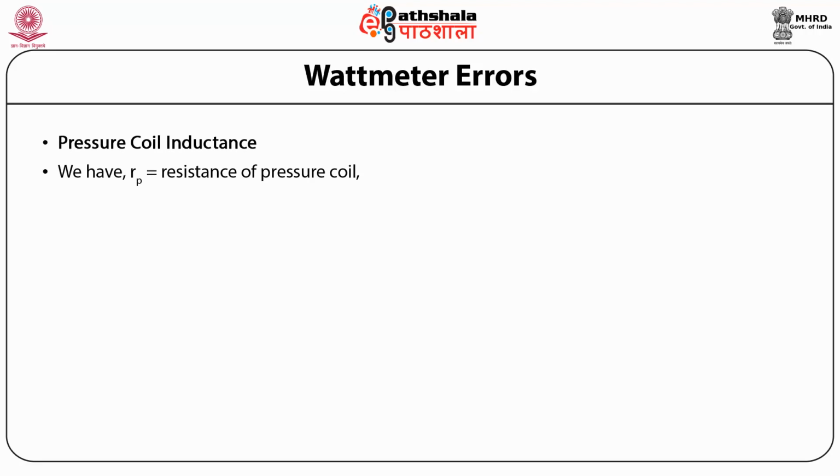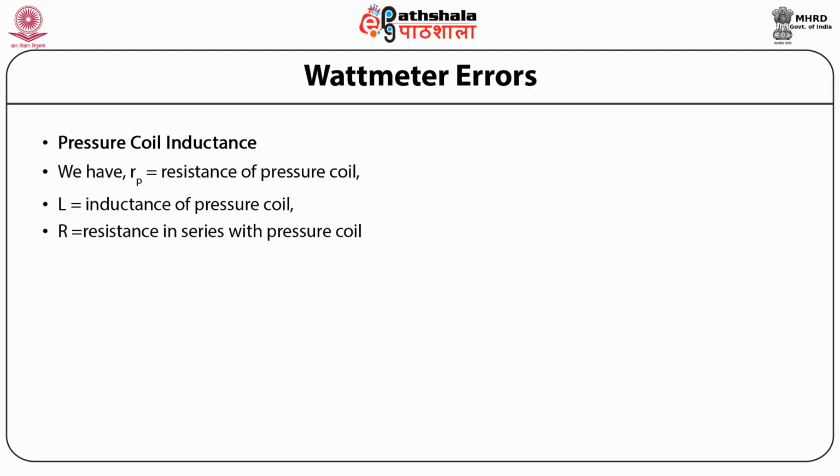We have Rp is equal to resistance of pressure coil, capital L is equal to inductance of pressure coil, resistance in series with pressure coil is represented by capital R, total resistance of pressure coil circuit capital Rp is equal to small rp plus capital R.